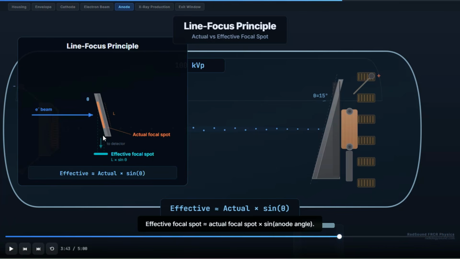Sometimes what happens is called the heel effect, or anode heel effect. The X-rays coming toward the cathode are more intense and have more energy, whereas the X-rays toward the anode are less energetic.